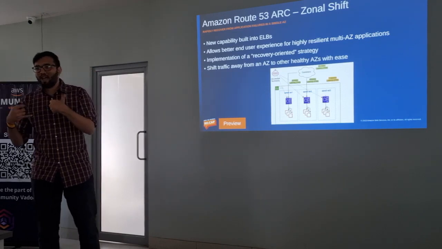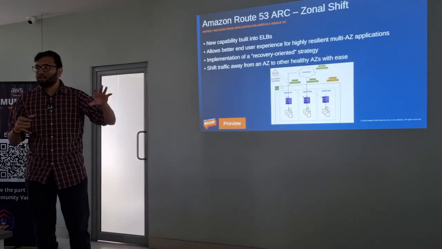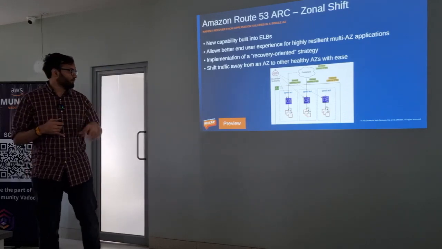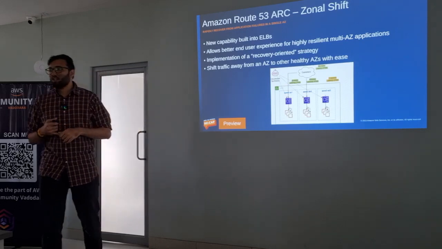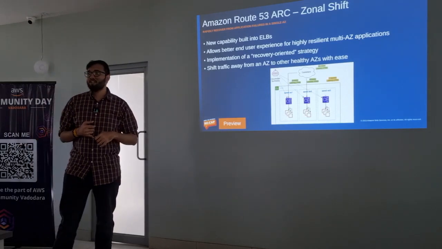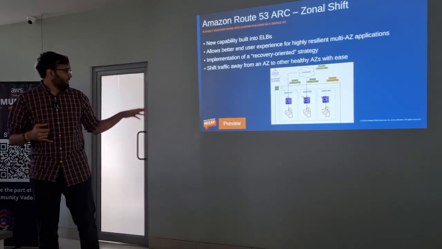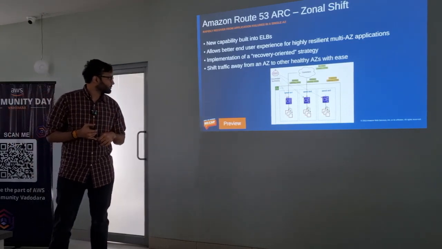The healthy AZs will have a lot of load for that duration, but until you fix the unhealthy AZ, and then you can shift back. So it's a recovery-oriented strategy. It's called zonal shift. It is available within the ELB itself, and it's in preview mode, so you can sign up and preview it.